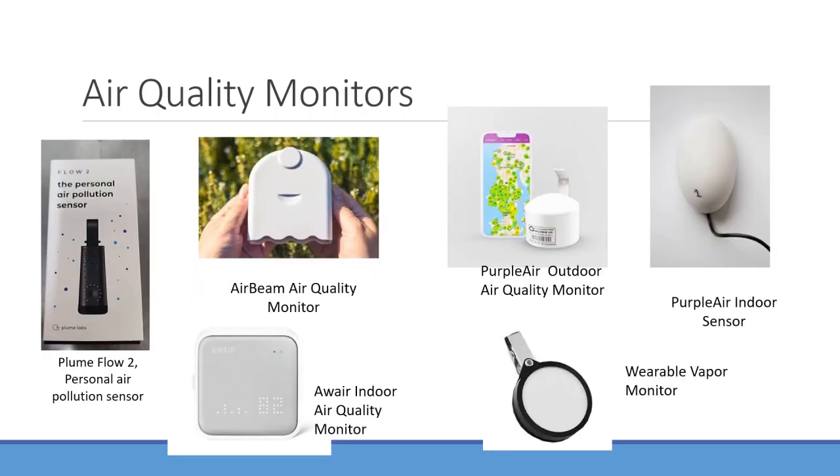So here are some examples of other types of air quality monitors that we talk about and have used. There is the Plume Flow, which is a personal air pollution sensor, and the AirBeam. The Purple Air now has indoor and outdoor sensors.